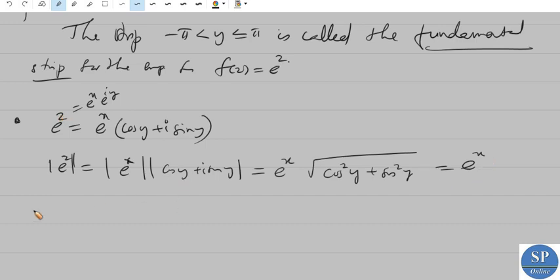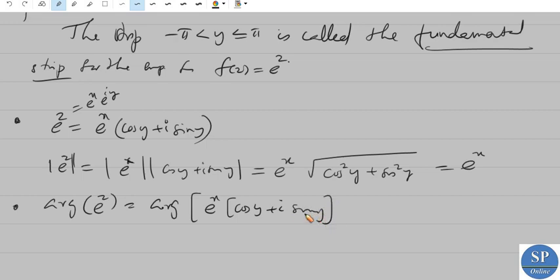Okay, also we have the argument of exponential function. We have argument of exponential function is nothing but argument of e power x into cos y plus I sin y. So we have this is nothing but tan inverse of e power x into sin y divided by e power x into cos y.